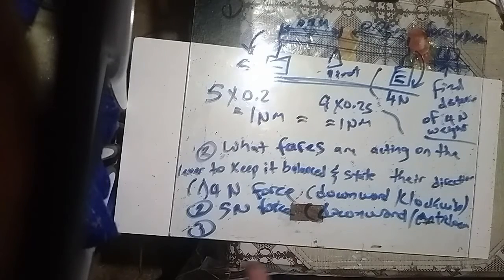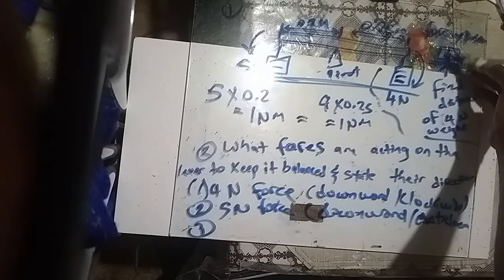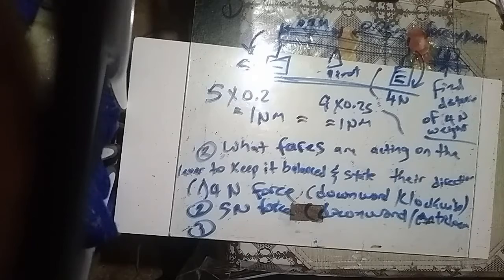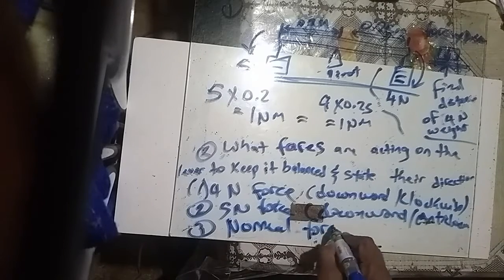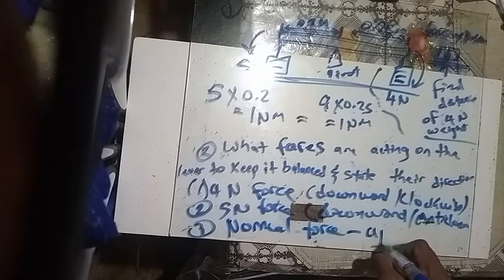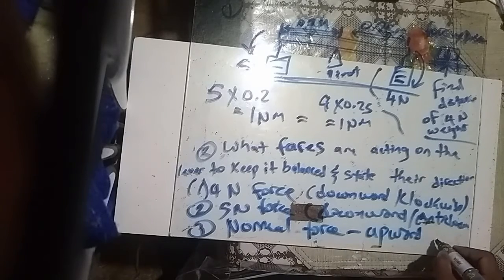But it is still considered a normal force, because the normal force always acts in a vertical manner. Alright? So the other one is the normal force. A normal force is acting in an upward direction, guys. Okay, wonderful. So that is that for that question.